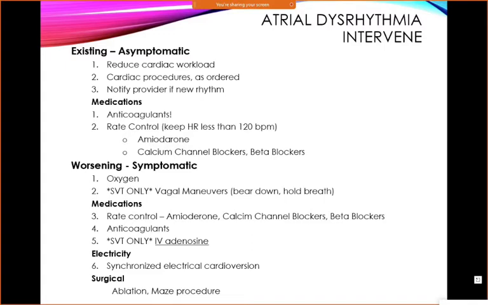And that patient, even though they're asymptomatic, they may be on meds that keep them under control. Why do you think we want anticoagulants on an atrial dysrhythmia problem? So looking at these guys.